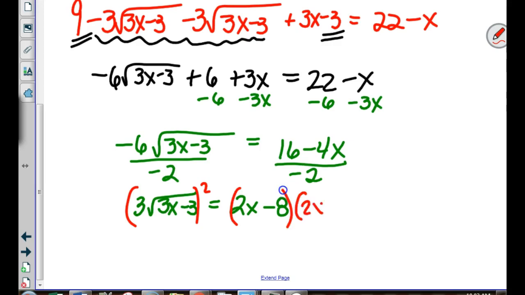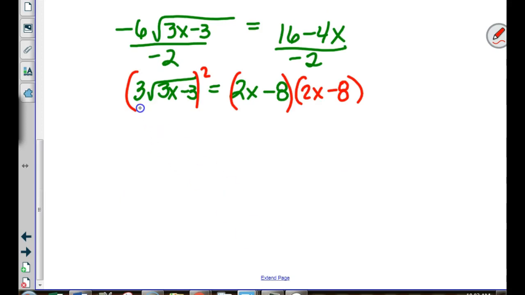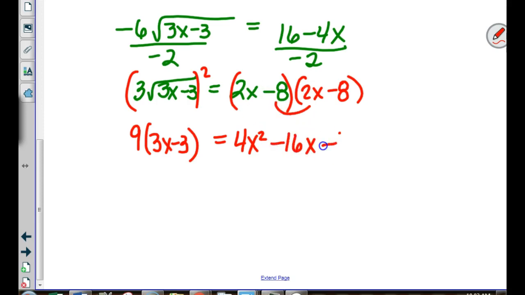Okay, I'm going to save a little space. All right, so what happens over here? The 1 out there becomes a 9, and in here it's... Okay, over here, 4x squared minus 16x minus another 16x. Negative 8 times negative 8 is 64.